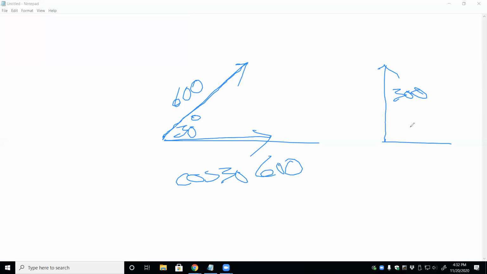So square root of 3 over 2 times 600, whatever that comes out to be. So I've now separated my airplane into its vertical and its horizontal speeds.